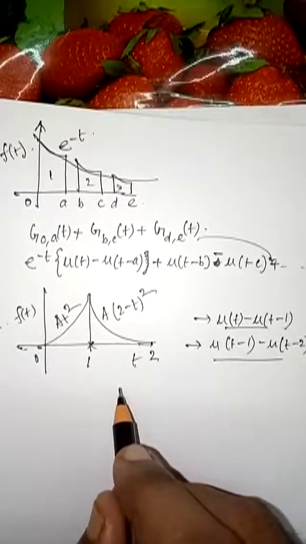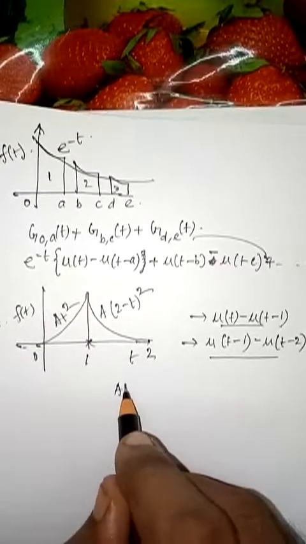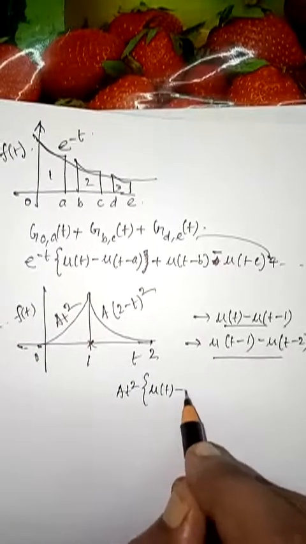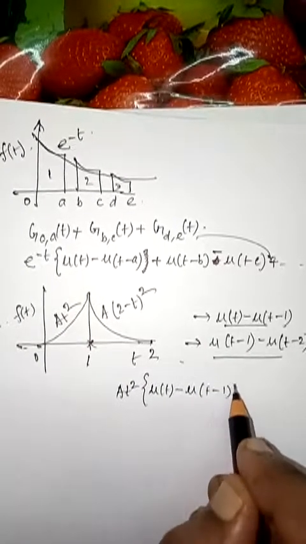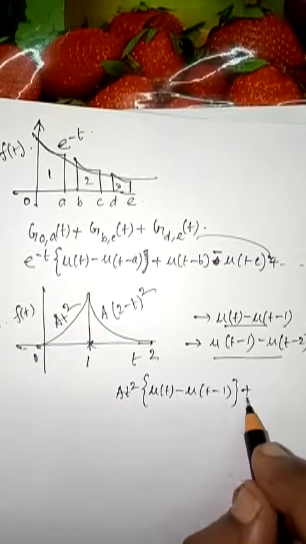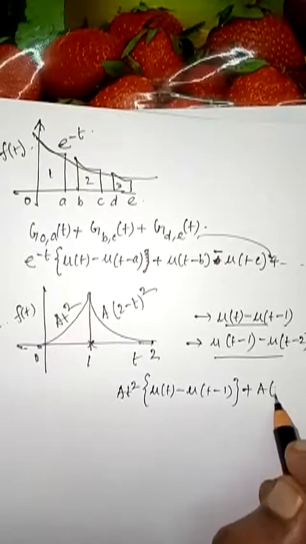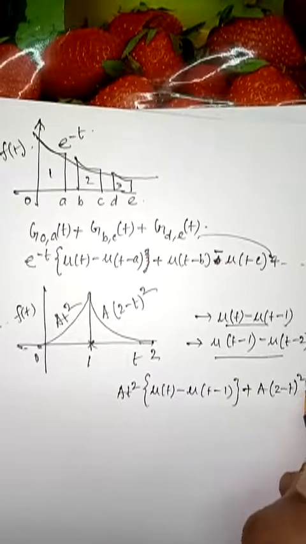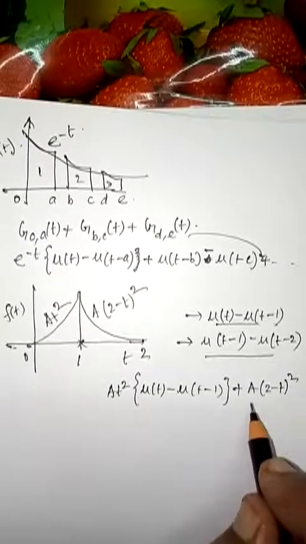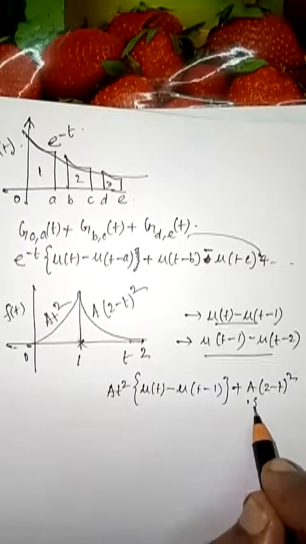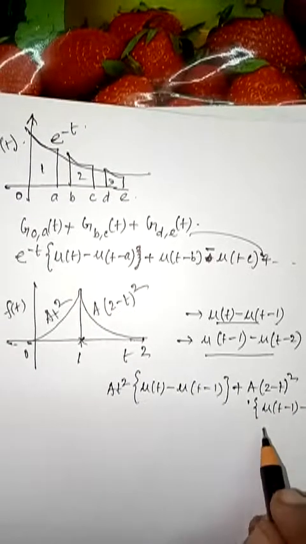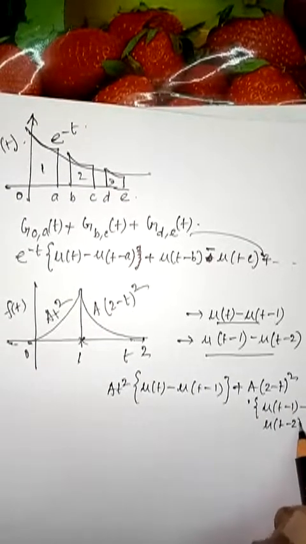So it is t square multiplied with u(t) minus 1, and another one plus (2 minus t) square, that is multiplied with u(t minus 1) minus u(t minus 2).